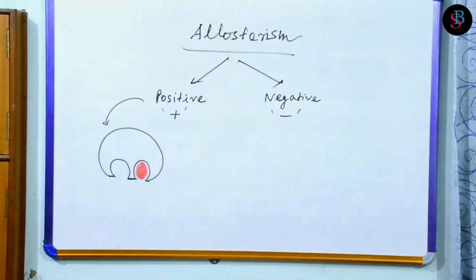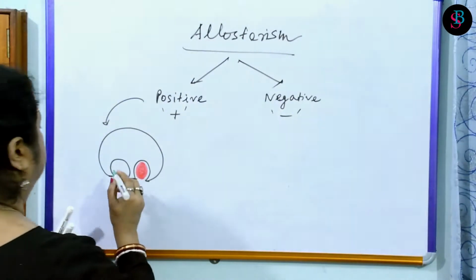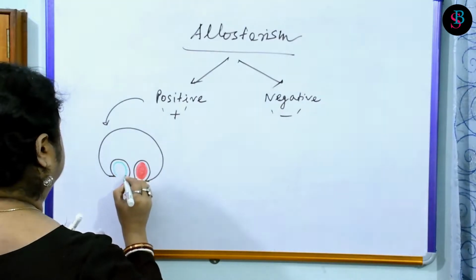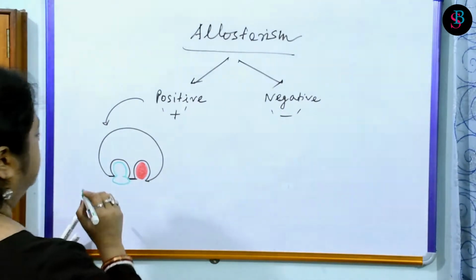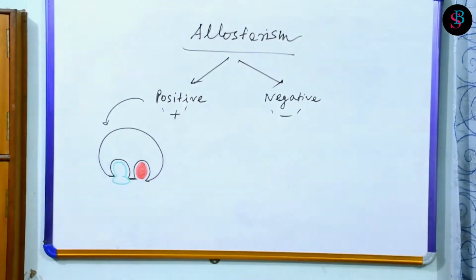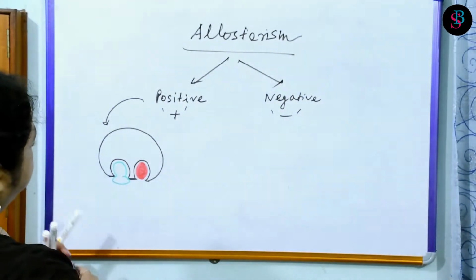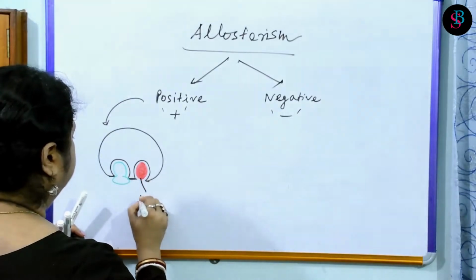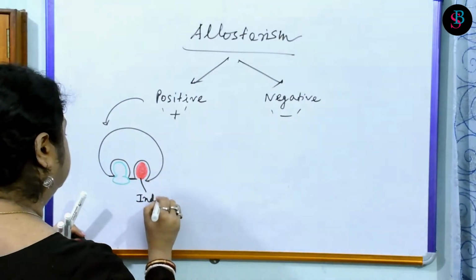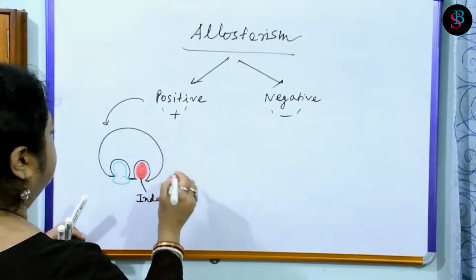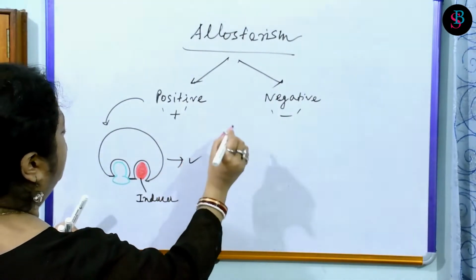Like that, active site can bind the substrate. It can bind the substrate in this way. So, this is the positive allosterism. If this happens, then reaction will go on. With the effect of the inducer, the reaction will go on.